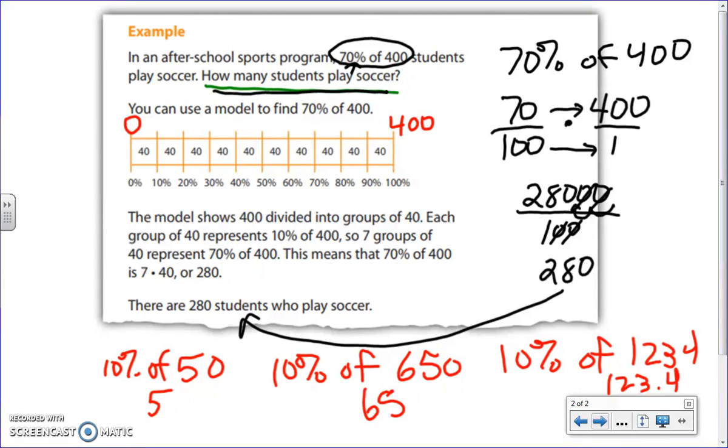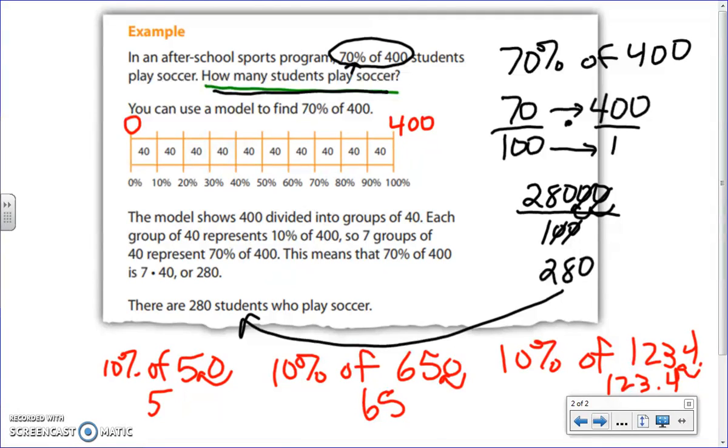And I know this because I've done a lot of these problems. When I want 10% of something, I'm really just moving the decimal one spot. And so you can see that that calculation is very simple if you think of it like that. So that's one of the reasons they separated into 10%, because 10% is a quick calculation.